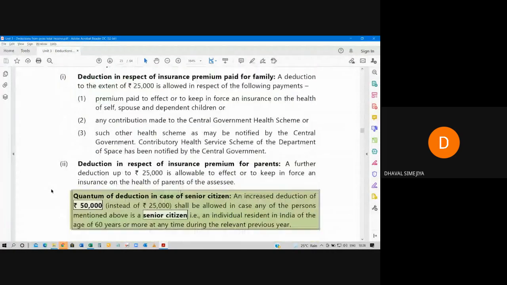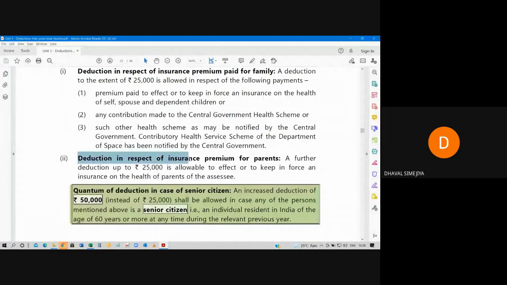Now, deduction in respect of insurance premium for parents. Further deduction means in addition to the 25,000 above. So please write down: deduction for parents. Deduction will be available to me only. But for example, if I have taken a mediclaim policy for my father or my mother, then again 25,000 will be available for me.